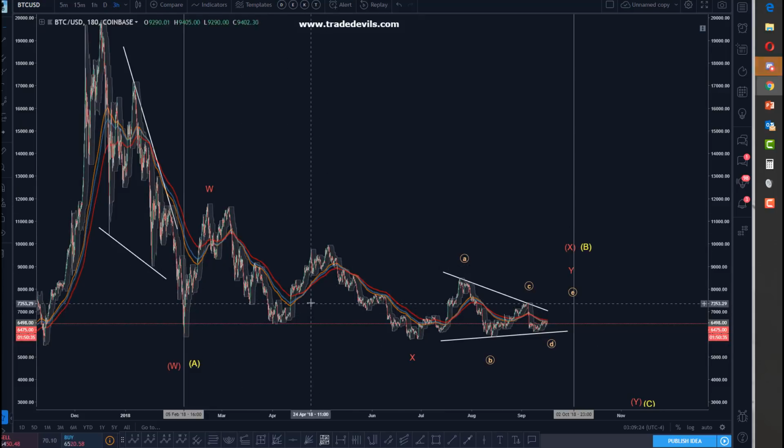Perfectly fine fib ratio for the C leg of a zigzag. So zigzag W, zigzag X, and then this thing a triangle, A, B, C, D, E. Much, much cleaner. You resolve this ugly problem of the massive leg, whether A or B, and let's focus on this one, because you're going to be, I think, surprised by some of the relationships that you can find with Fibonacci that suggest that this is all one structure.